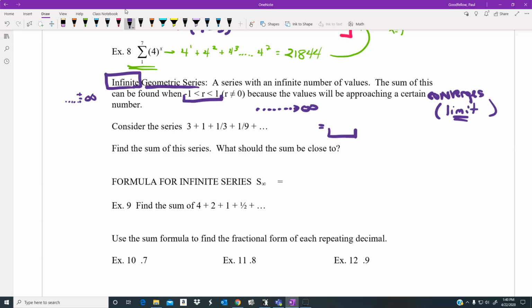Now, if I start to consider these numbers being added up, you can definitely tell right out of the gate, it's definitely more than 4. But then if I add on just a little bit more, you're like, well, it's a 4 and a third. And then I add on a little tiny bit more, and it's going to be definitely a little bit more than 4 and a third.